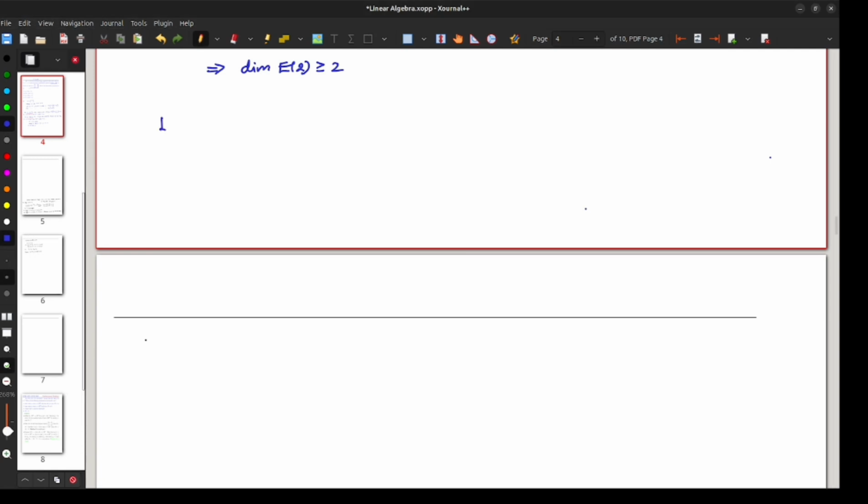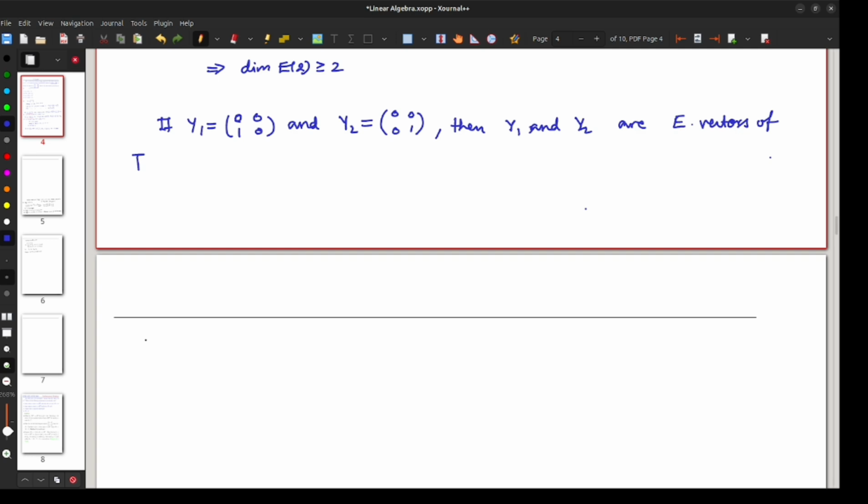That means if Y1 is the matrix whose first column is an eigenvector of A corresponding to the eigenvalue 1, that means the vector 0 1, and the second column is the 0 vector, and Y2 is the matrix whose first column is the 0 vector and the second column is an eigenvector of A corresponding to the eigenvalue 1, that means the vector 0 1, then Y1 and Y2 are eigenvectors of T corresponding to the eigenvalue 1.